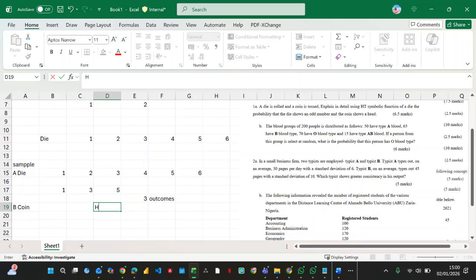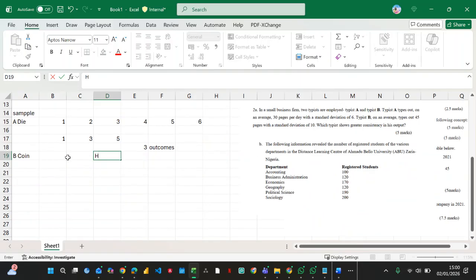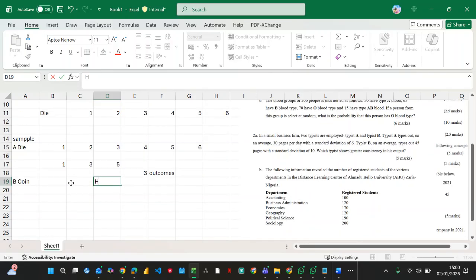So now we need to solve it by doing some mathematics. And why are we doing the math? Because if you look at the requirement, it says the die shows an odd number and the coin shows a head. That's the probability that you are solving.